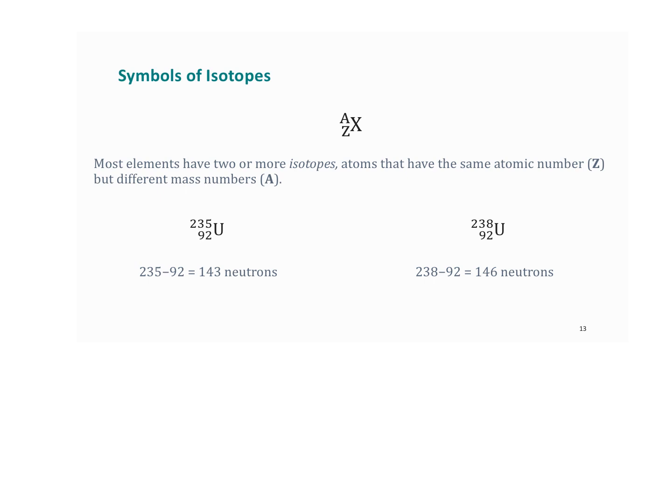This is uranium. And if you look at the periodic table, you're going to see that uranium has an atomic number of 92. And so both of these are uranium. That's the number of protons. The number of protons defines what the element is.